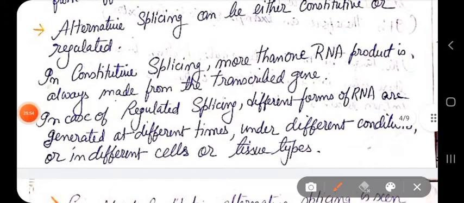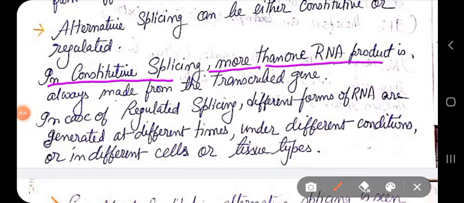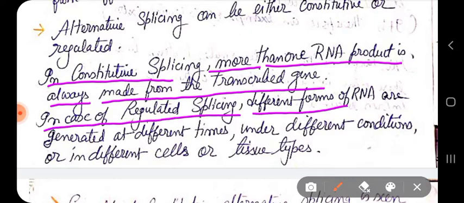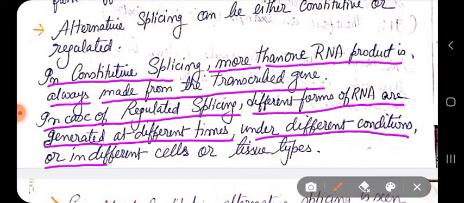In constitutive splicing, more than one RNA product is always made from the transcribed gene, as we have seen in the human troponin T muscle protein. In regulated splicing, different forms of RNA are generated at different times under different conditions, or in different cells or different tissue types.